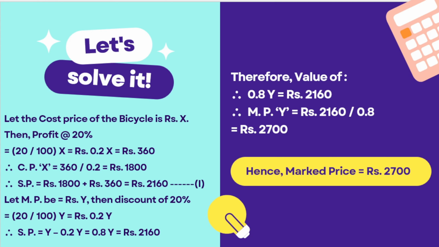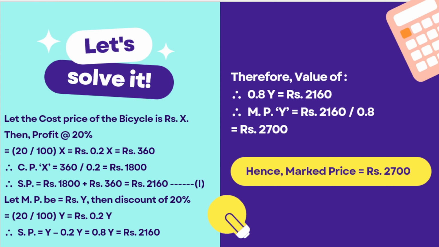Now, let the marked price be Rs y, then the discount of 20% can be calculated as equal to 20 divided by 100 into the marked price y, which comes to Rs 0.2y. Therefore, the selling price can be written as equal to the marked price y minus the discount of 0.2y, which comes to 0.8y and can be equated with the above calculated value of the selling price, Rs 2,160, as given in equation 1.